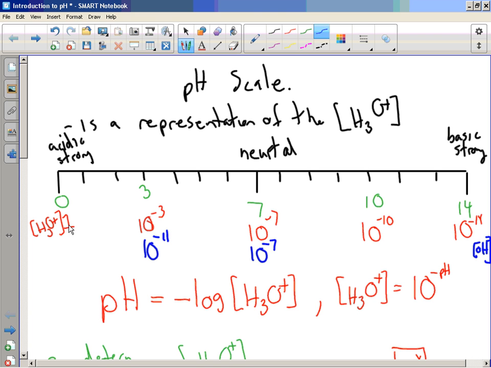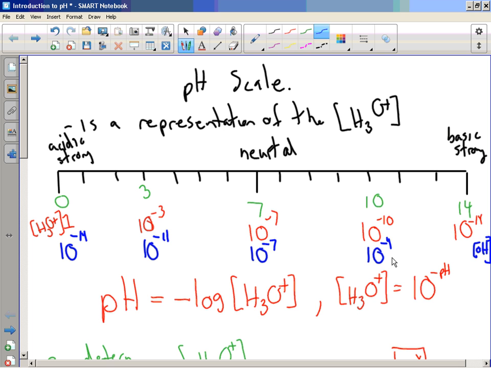Over here, if I've got 10 to the 0, then this is going to be 10 to the negative 14. In a strong acid, there's a tiny little amount of OH. It's so tiny we don't even worry about it. That's why we don't even talk about it. And over here, if that's 10 to the negative 10, this is 10 to the negative 4.